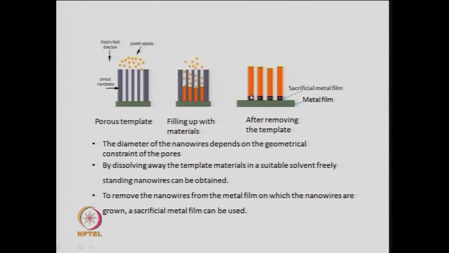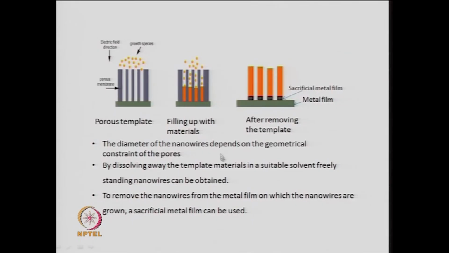Once you have this, then you can remove this metal film and you will get free nanowires. So, you have to apply an electric field in this direction. In the electrochemical process, the material has to be conducting, and you use a metal film to act as a working electrode.